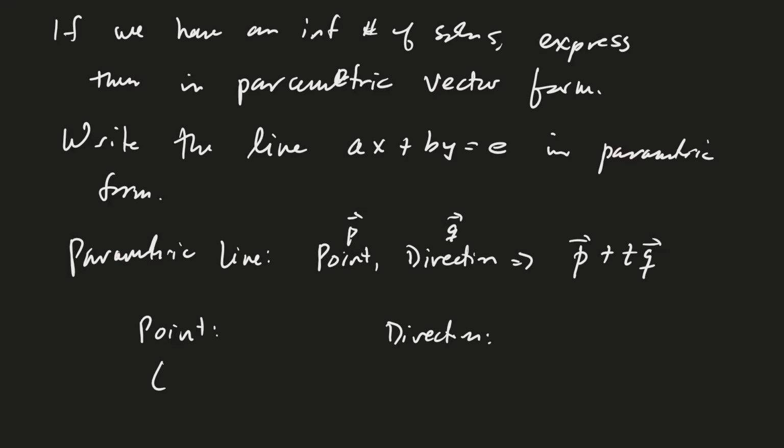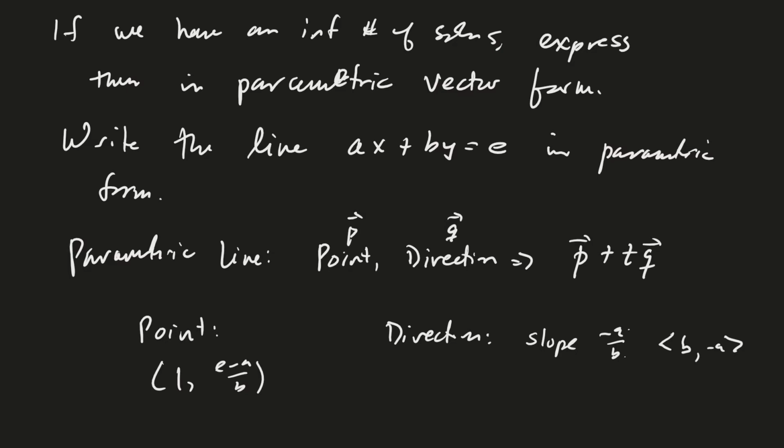And then y would be e minus a over b. And then what would the direction be? Well, the slope of this line is going to be minus a over b. And so that is in the direction of, this is rise over run, right? So that's b minus a.